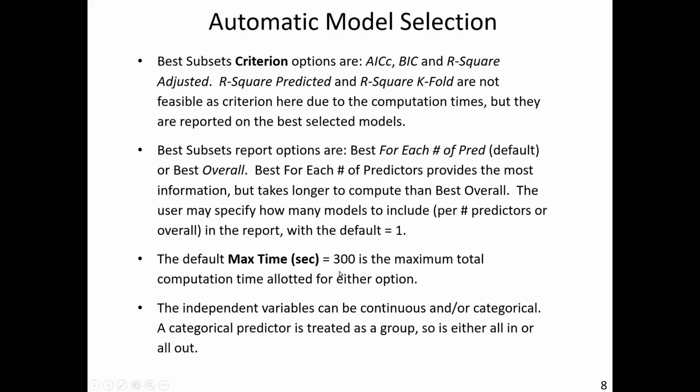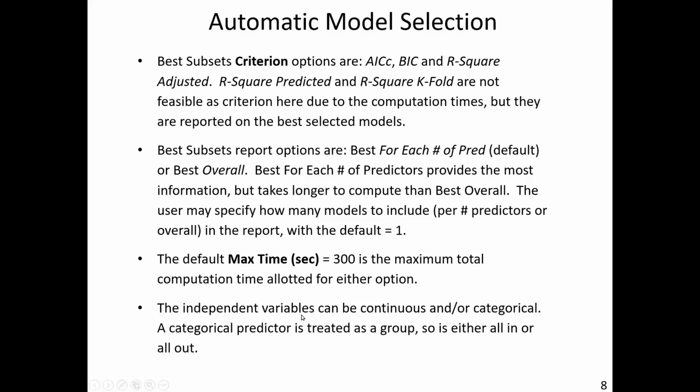You can put in a time limit. The default is 300 seconds, so 5 minutes. When you're doing best subsets with lots of terms, you may want to increase that if you find that it actually does hit the time limit. Then you could increase it, give it more time, and it might find a better model.